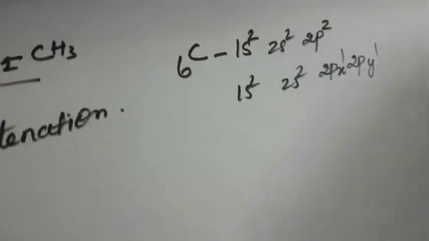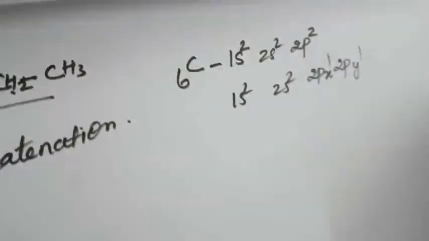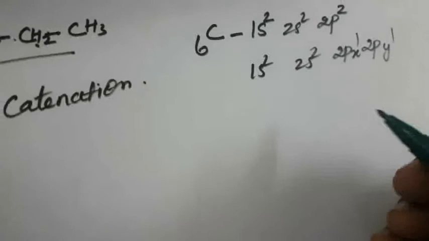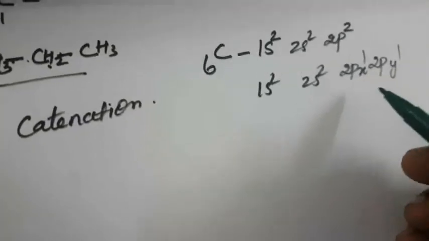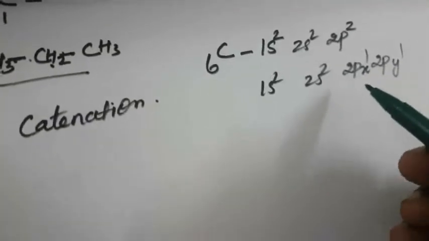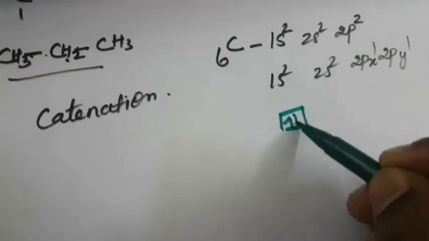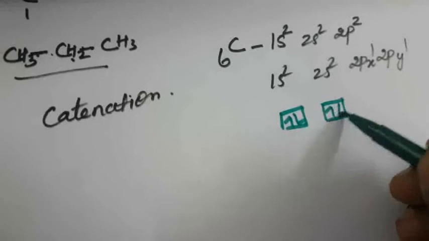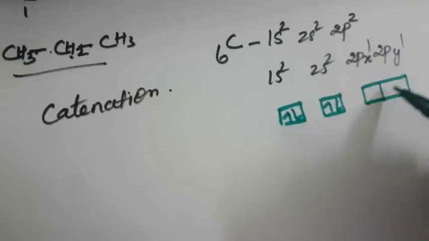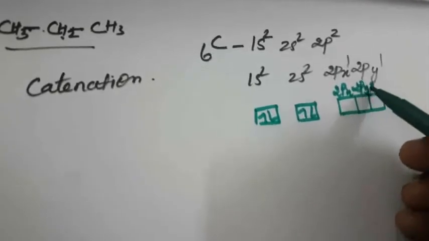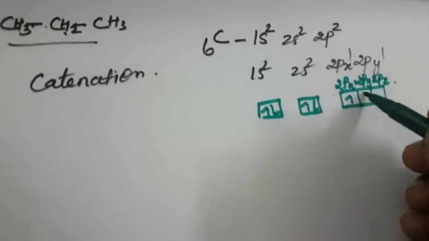Another one is how sigma bonds are formed. All carbon compounds have 4 covalent bonds. For the formation of the 4 covalent bonds, one of the electrons of the 2s orbital is promoted. Here 2 electrons in the 2s orbital, and in the 2p orbitals, 2px, 2py and 2pz, 1 electron each.